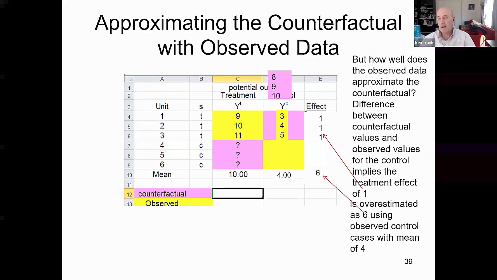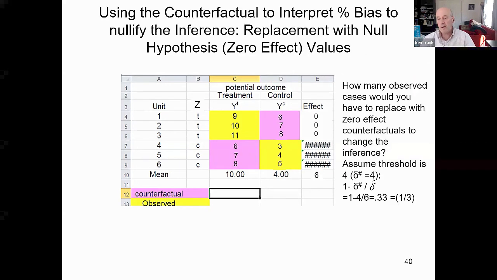All right. Now we're going to turn that around a little differently to do sensitivity analysis. So now let's say we have the same observed data, but let's just hypothetically assume that in the counterfactual data, there's no treatment effect.